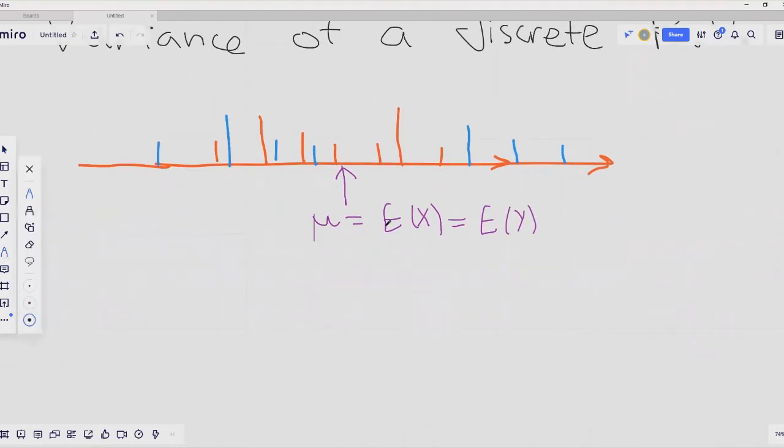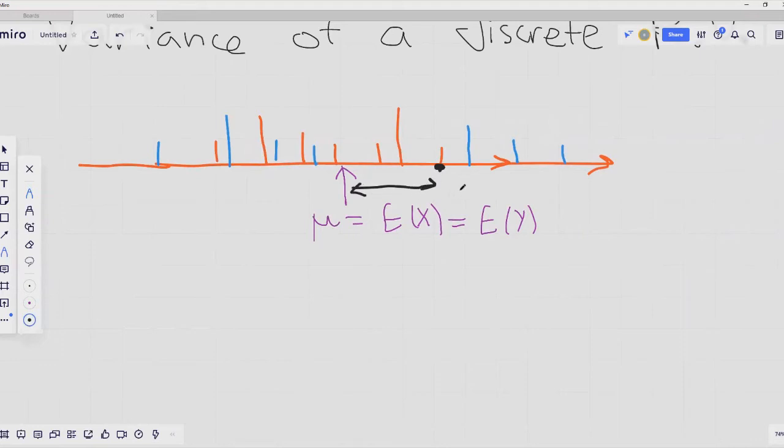If you recall, we were looking at the distances of the values of our sampling points from the mean. Now here we will be looking at the distance from the value of our random variable to the expected value of that random variable.